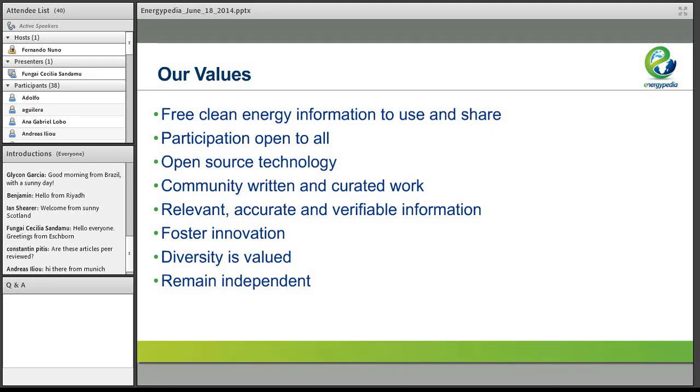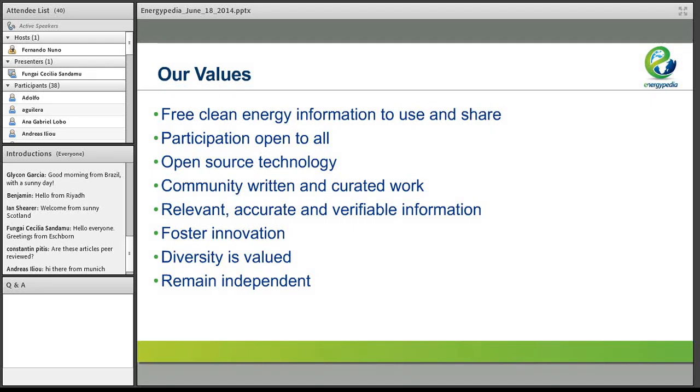At Energypedia, we also greatly value diversity in our growing global community, and we try to foster innovation in renewable energy technologies and also in designing knowledge systems so that information is reusable and dynamically updated across a variety of views and needs.